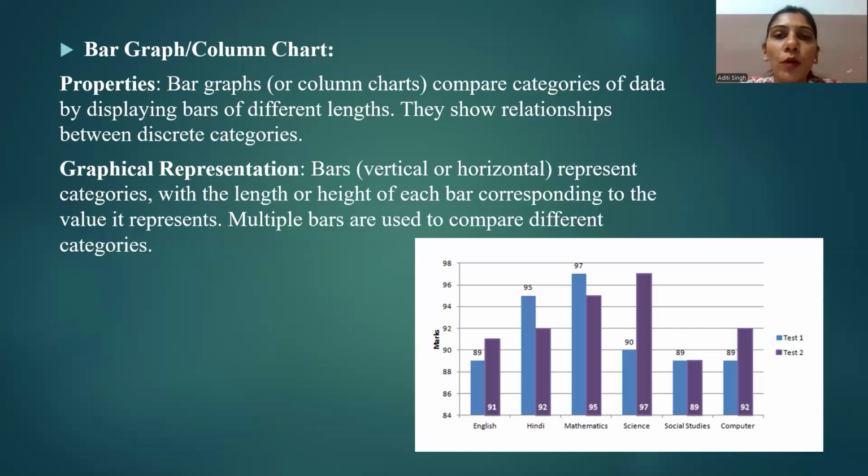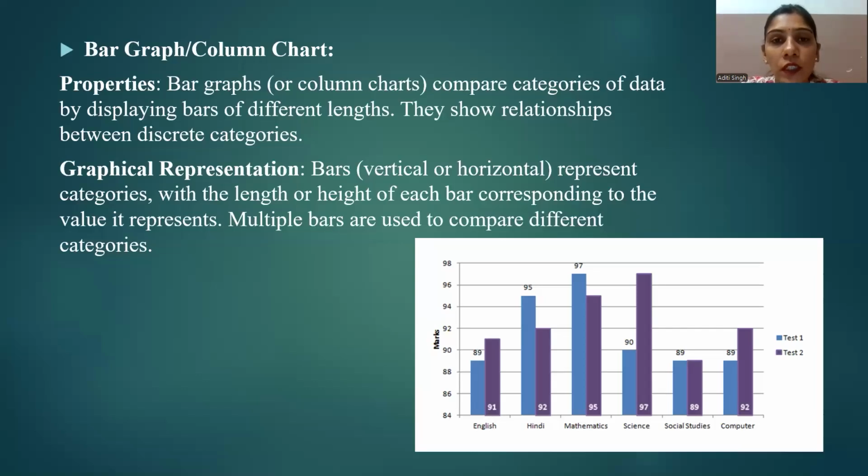If we talk about the properties of a bar diagram, all bars have a common base when we draw a bar diagram. All bars which we are plotting should have a common base. Each bar or column in a bar graph is of equal width.